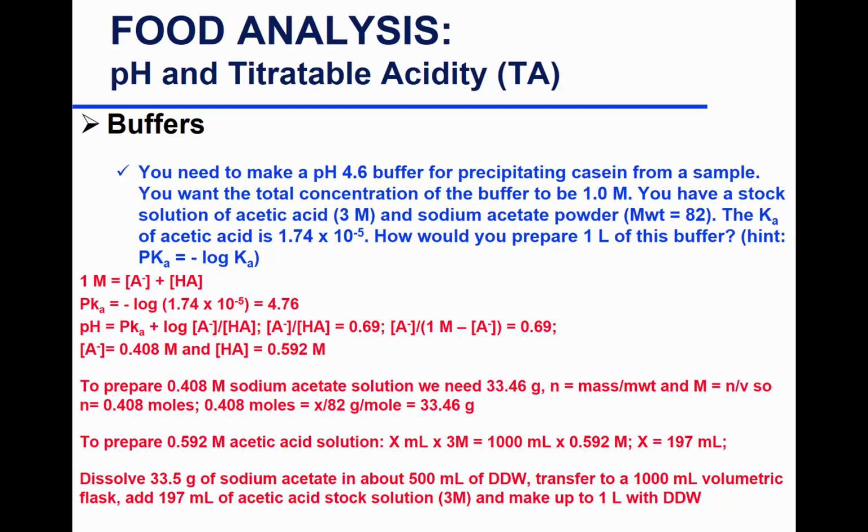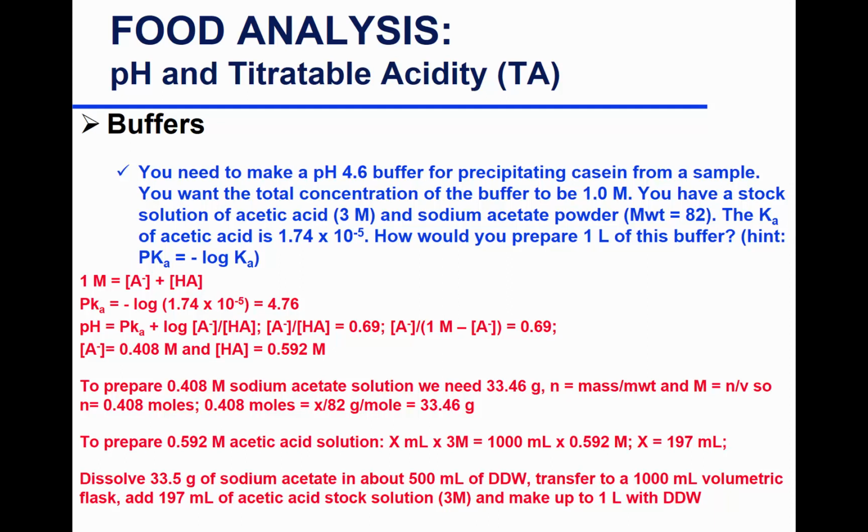So by doing that, we are solving only for conjugate base. In this case, you'll get 0.408 molar. And the acid is basically subtracting this from 1 molar. You get 0.592 molar. Any questions up to here?